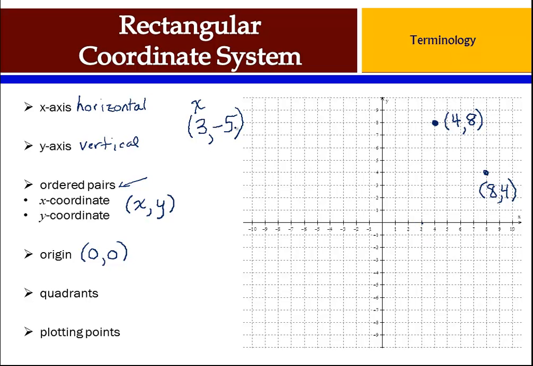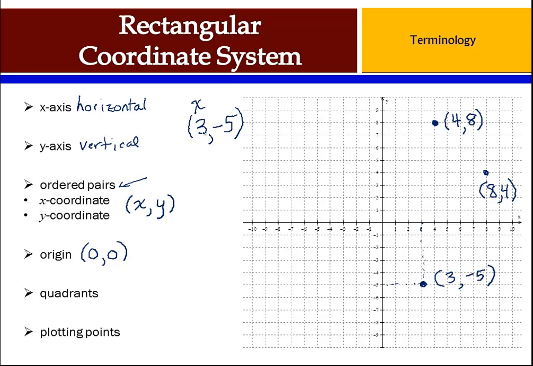And then actually I'll go down 5 because -5 is here. And so (3, -5) is going to be located here, to the right 3 and down 5 from the origin.